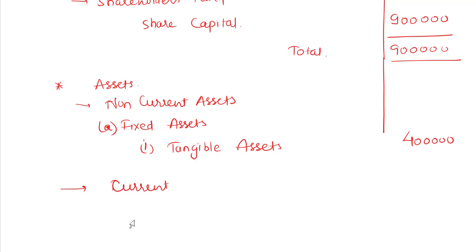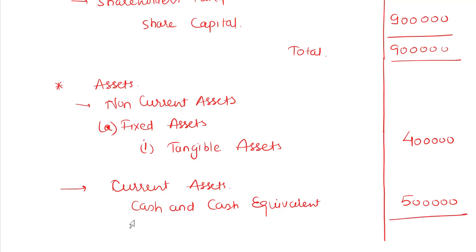Current assets, cash and cash equivalent, 5 lakhs. Total 9 lakhs. I believe you understood till here.